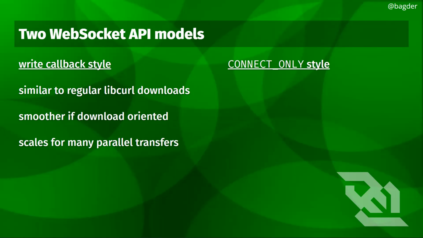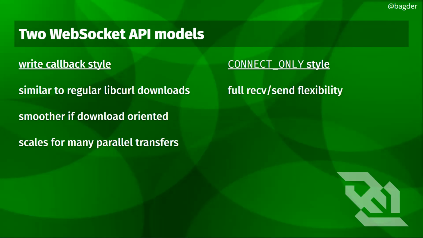The other way to do WebSocket is when you don't have that download-oriented thing. You have a more interactive session, or you want to do a lot of things. Maybe you do things in the other direction, you want to upload stuff a lot or whatever. And then you go with the connect-only style, which sets up the connection and then pretty much hands over the connection to you to do whatever you want. Full receive and send flexibility.